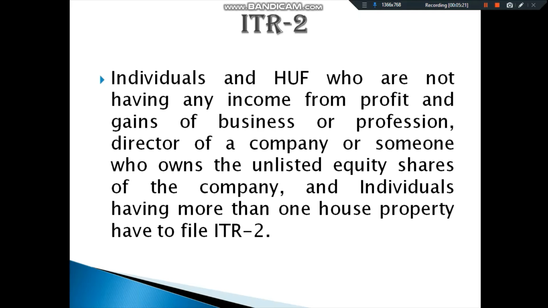So if you are unable to file in ITR-1, you can file in ITR-2. If you have more than one house property, you have to file ITR-2. For one house property, you have ITR-1, and for more than one house property, you have ITR-2. And if you are a director or you have any unlisted equity shares, you have to file ITR-2 for that.